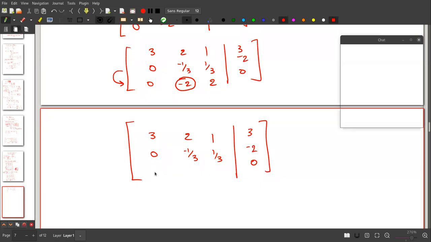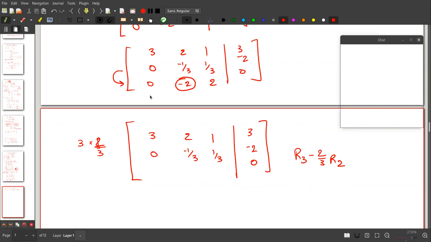What do we multiply? It should be 2 by 3 into 1 by 3, 2 by 3. I think 2 by 3 is okay. So let's do R3 minus 2 by 3 R2.